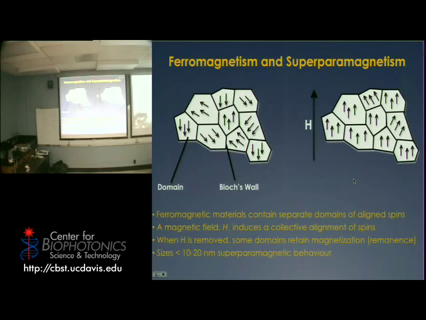They have to be paramagnetic by themselves, and usually they have their spins all aligned in the same direction. So you have many, many domains. Inside a single domain, all the spins are aligned in a certain direction, but every domain is independent from the other. When you apply a magnetic field, all the domains align in the same direction, and typically when you remove the field, they stay aligned in the same direction.